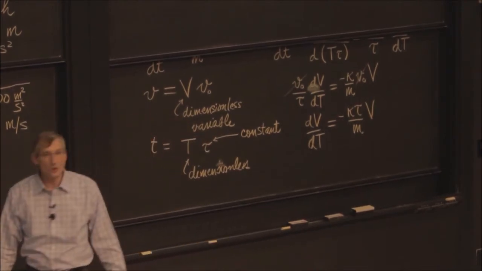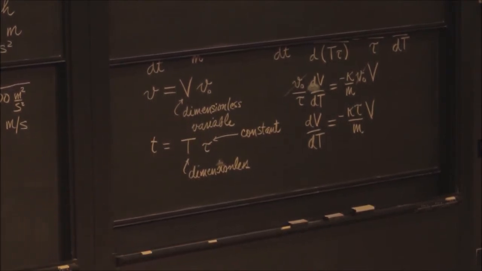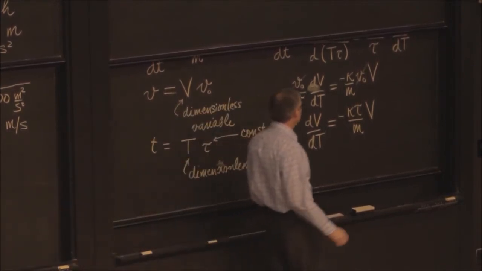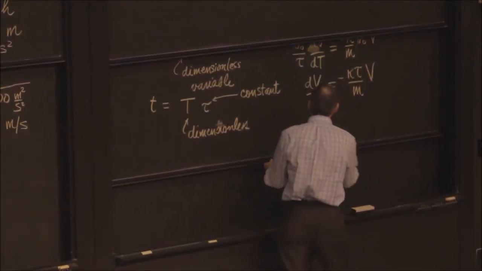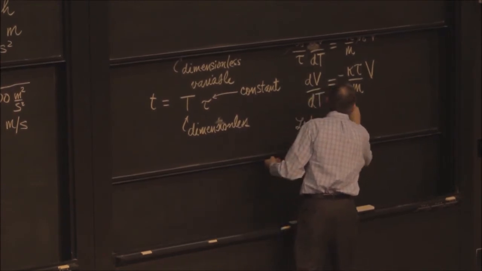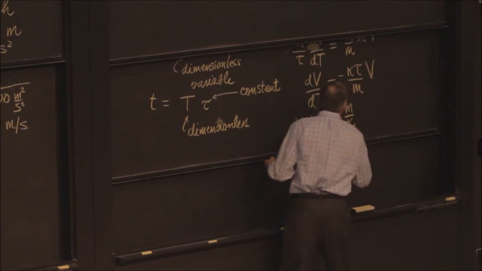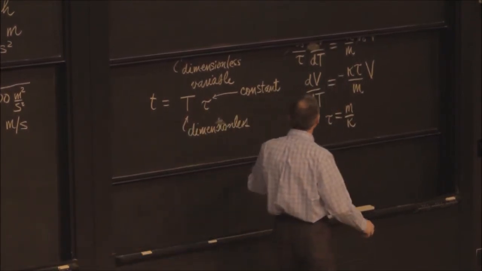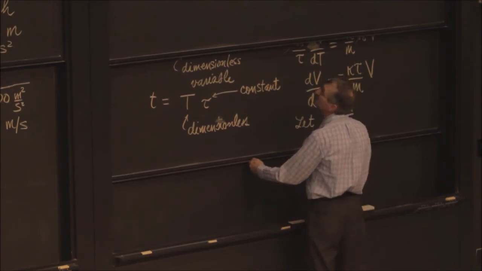So now remember I told you we get to pick what value we'd like to use for tau. What value should I pick? Why don't I pick m over kappa? So then I have a really straightforward differential equation.